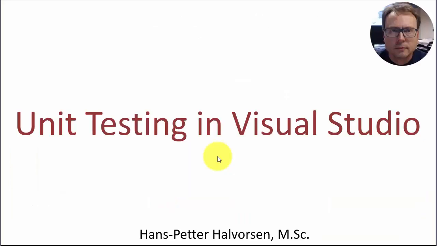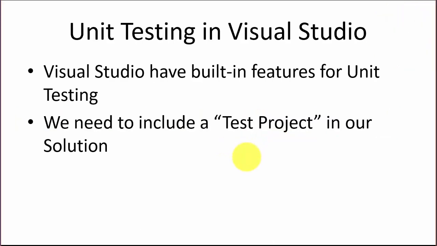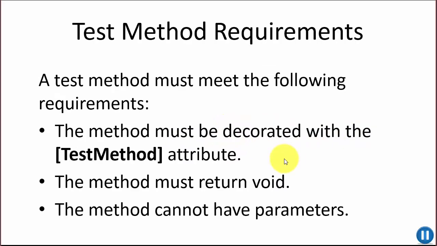Next, I will introduce unit testing in Visual Studio. In Visual Studio, we have built-in features for unit testing. So we need to include a so-called test project in our solution. And when we are writing test methods, we have these requirements.